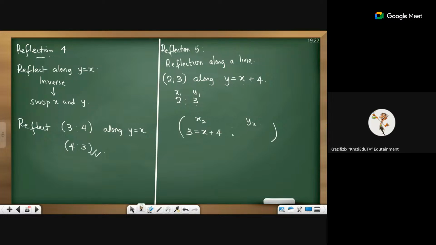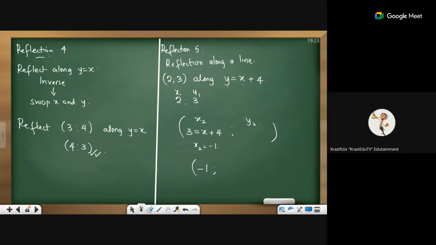Can you see? I substituted my y and I'm looking for x. So what is x2? x2 equals -1. I'm done with my coordinate there.